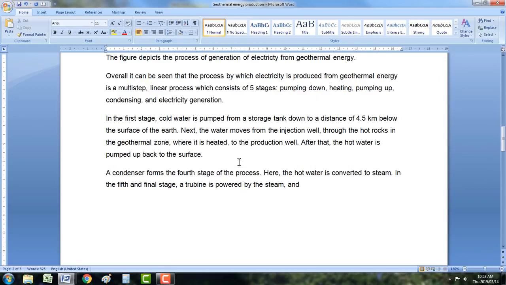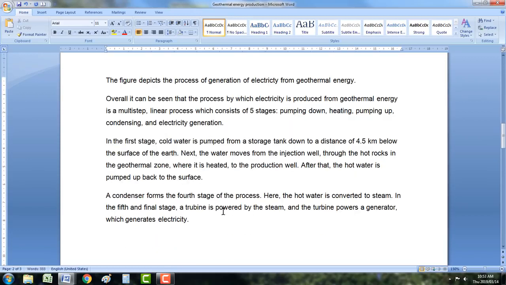But I think I'm going to change it to active, and the turbine powers a generator. Because then I can say comma which, a nice comma which. So if you're going to say comma which here, you need the generator over there, and then the generator produces electricity.